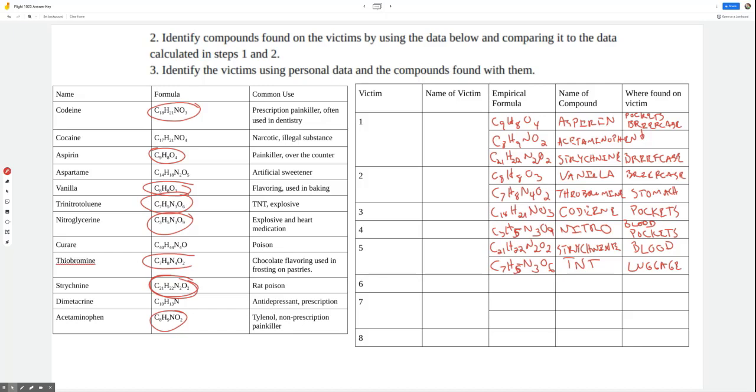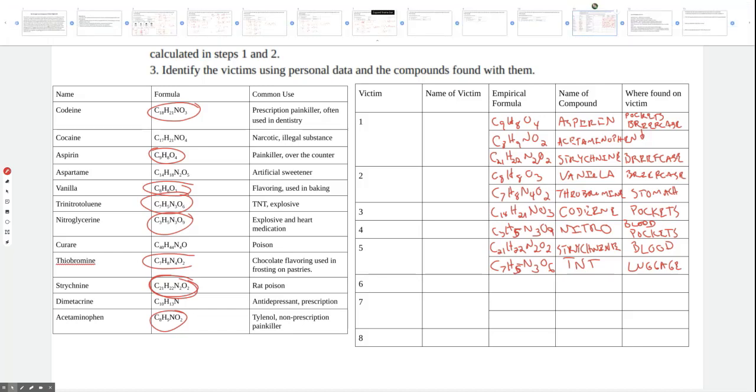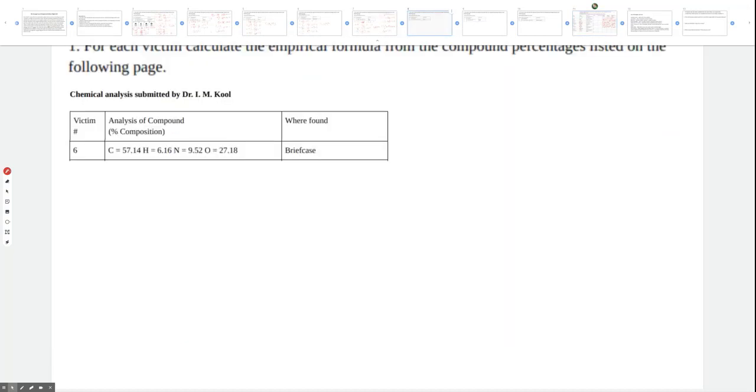All right, so we just have a couple of victims left to go over. So let's go back to number 6. Okay, victim number 6 has one compound, which is 57.14 carbon, 6.16 hydrogen, 9.52 nitrogen, and 27.18 oxygen.